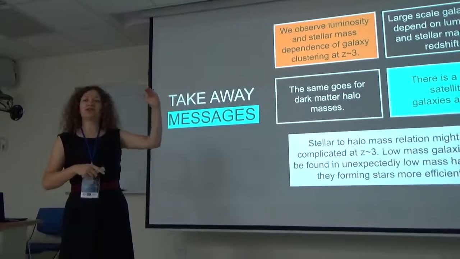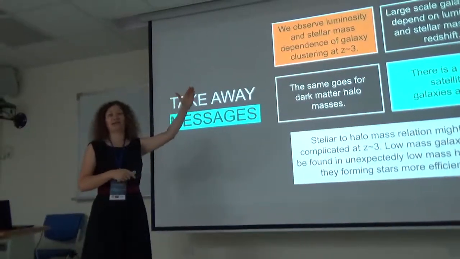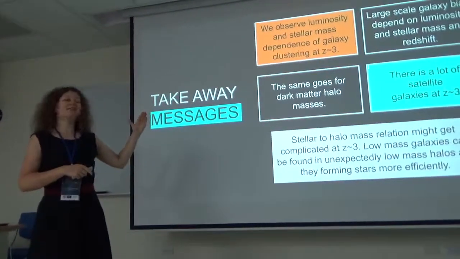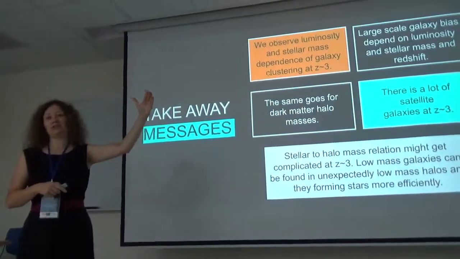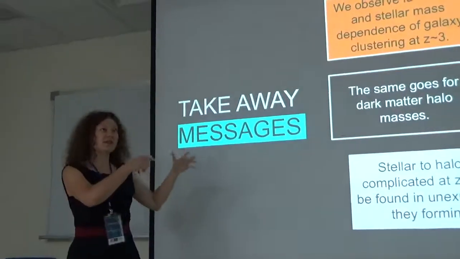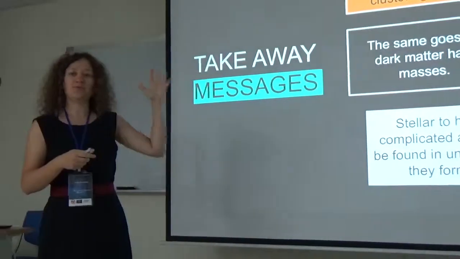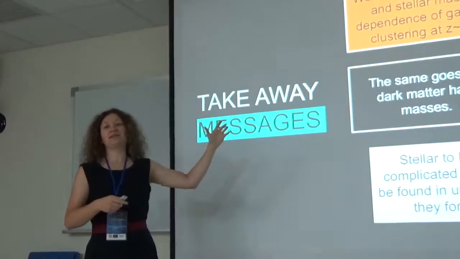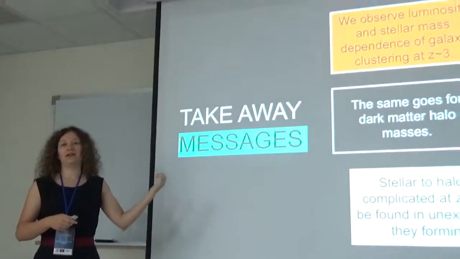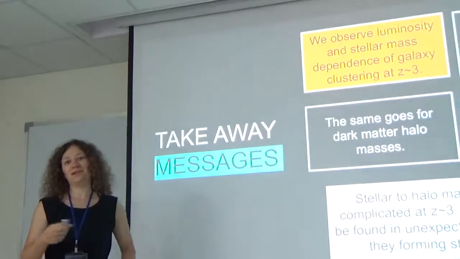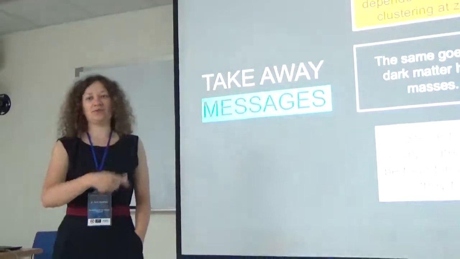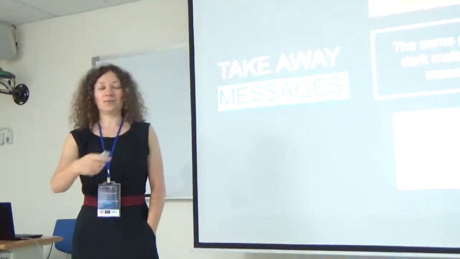We are simply trying to check how far it goes, and how it changes with redshift. Because all of these relations, as I showed you, the bias and the masses and so on, are all changing with redshift. So we cannot simply say, okay, we observed it at redshift 0, and that's how it evolved with time, and that's how the properties are related with each other and with the dark matter.